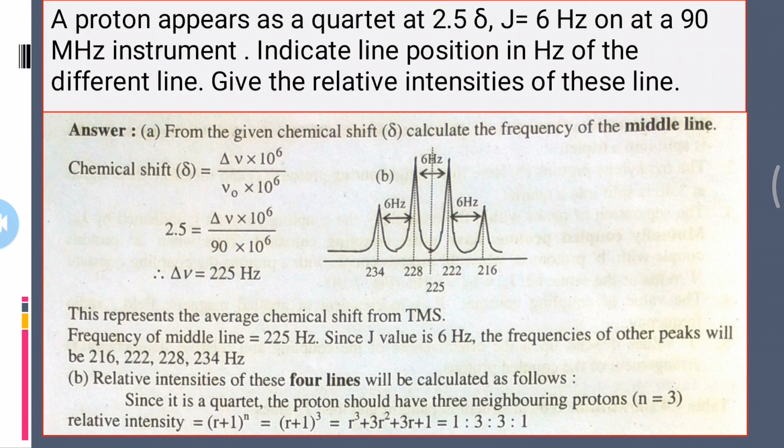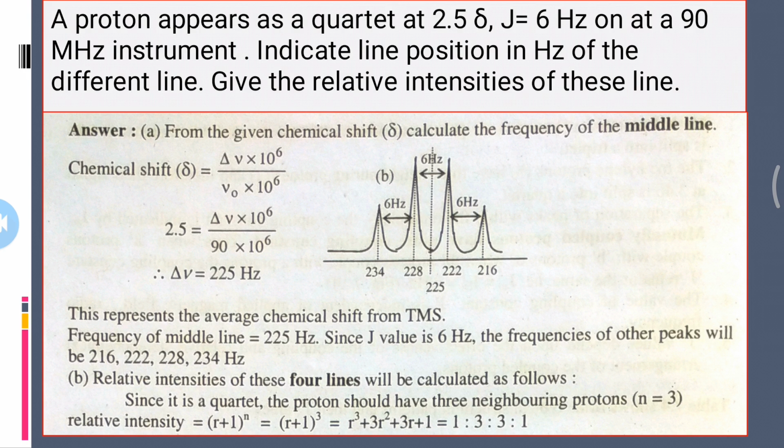Another peak observed is 228 plus 6, which is equal to 234. So this is the frequency of the middle line, 225, and the other J value can be calculated.